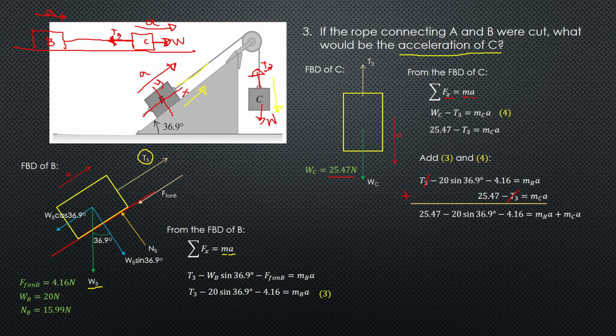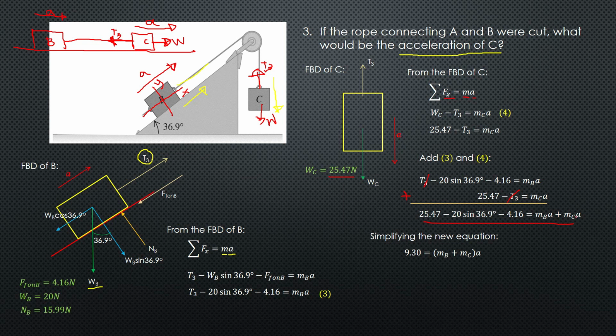So that gives you 25.47 minus this one will be equal to MBA plus MCA. Simplifying this new equation, you get 9.3 equal to mass of B plus mass of C multiplied by acceleration.